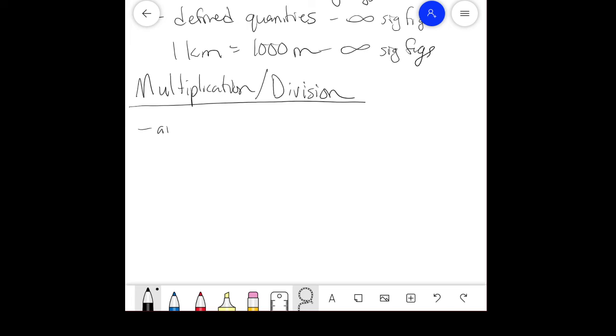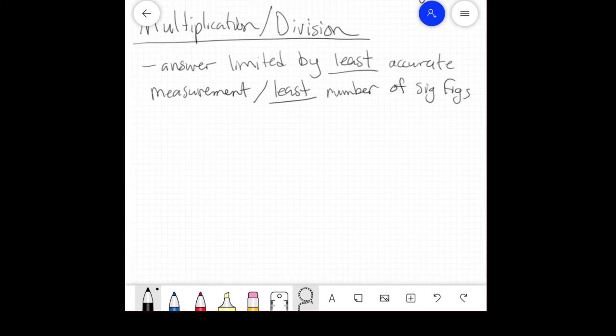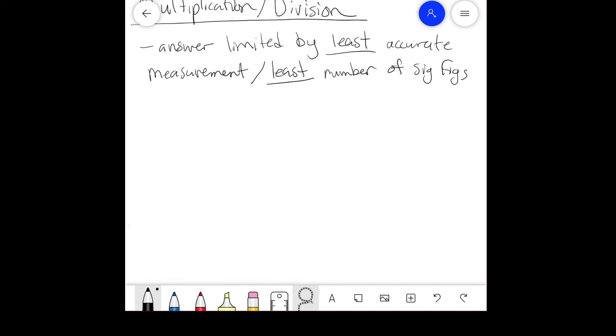So your answer is limited by the least accurate measurement, which would also mean the least number of sig figs.